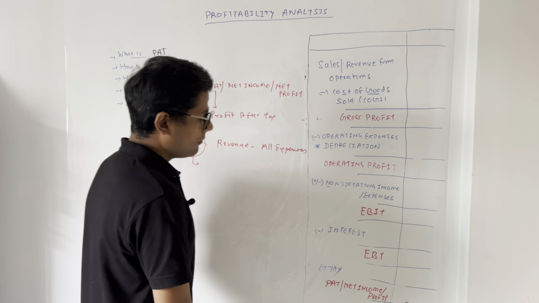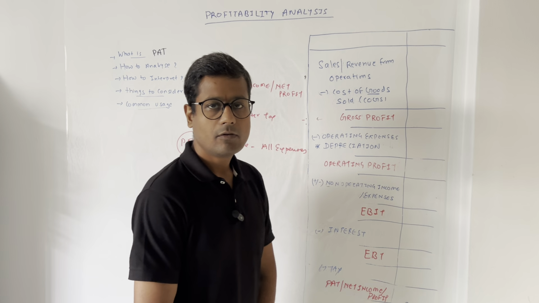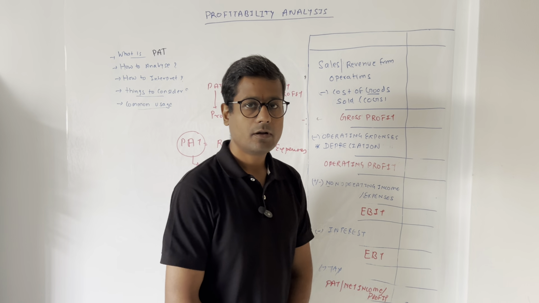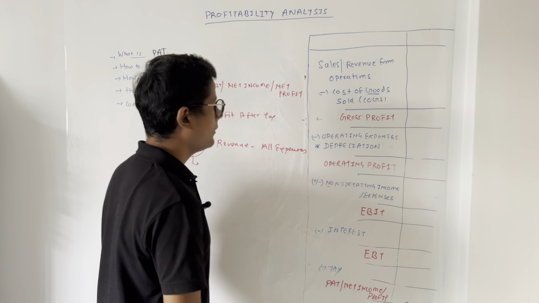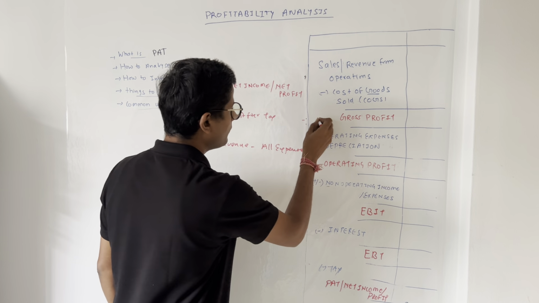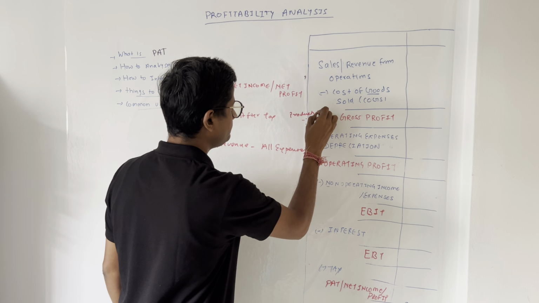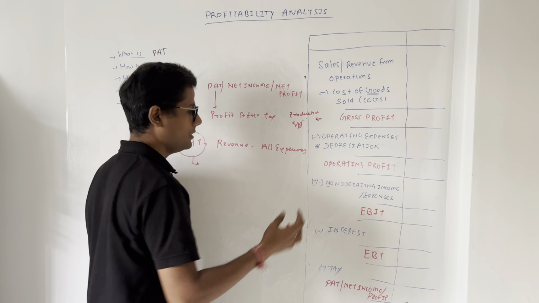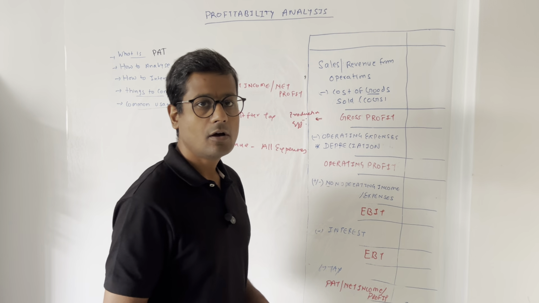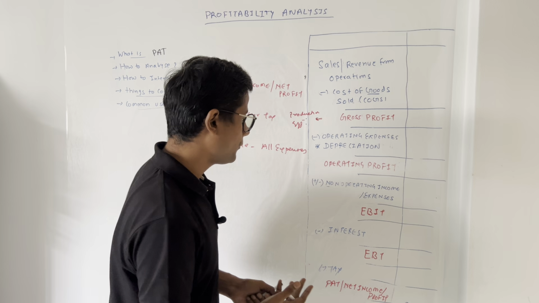Now, what is the importance of PAT? When we discussed specific profit terms like gross profit and operating profit in our previous videos, each had some use. Gross profit is used to understand your production efficiency, meaning how much sales and profit you are able to generate using your production cost.